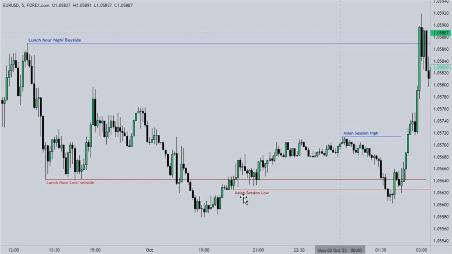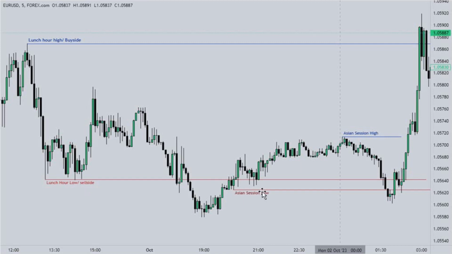So here's the low. It has been taken, and we know that it's not going to go down there. Why? Because lunch hour high hasn't been taken yet, and also price has taken the Asian session low already. You could see, but it didn't go lower than this low which took the lunch hour sell side.